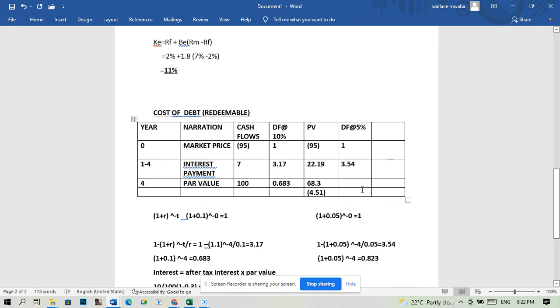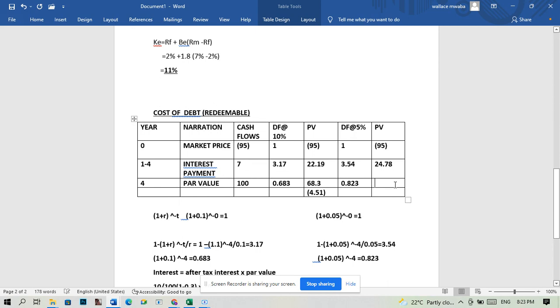All right, so we're now going to do the same thing. We multiply negative 95 times 1, and we get negative 95. Then 3.5 times 7, which is 24.78.